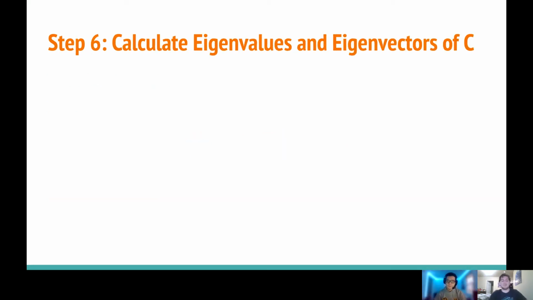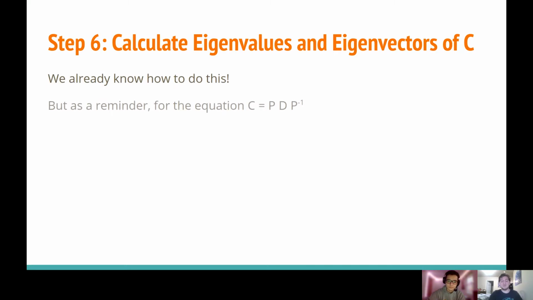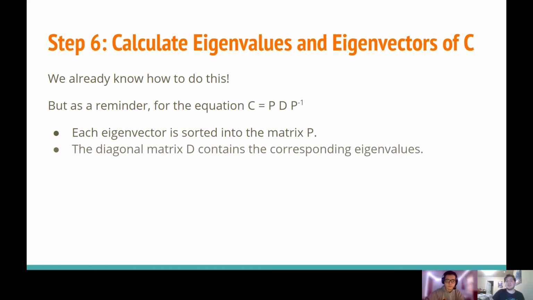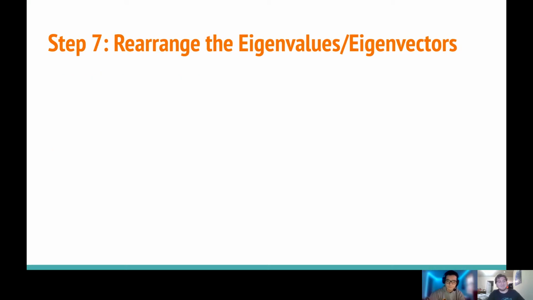Next, we're going to calculate the eigenvalues and the eigenvectors of C. We've done this in class plenty of times, so hopefully we don't need to walk you through the whole process. But just as a reminder, we can sort these eigenvectors into a matrix P and the corresponding eigenvalues into a diagonal matrix D, such that C equals matrix P times D times P inverse.